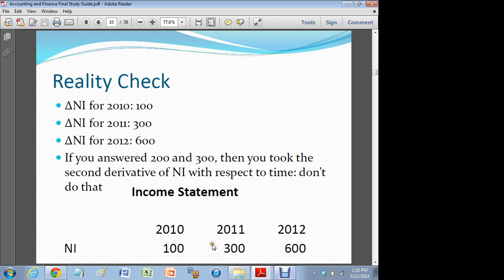The 200 and 300 here is the change in the net income growth, or the change in net income from one period to another, which is not how much net income has changed during this period. So just remember that the numbers you see in the income statement refer to the change in net income for that year.